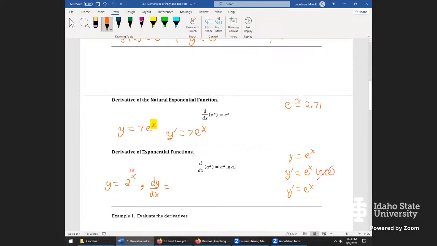And here's how this one goes. First, it's just 2 to the x. But then you multiply by the natural logarithm of the base. The base is still 2, so 2 would go inside there. So that's how we would really use this kind of formula right down here.